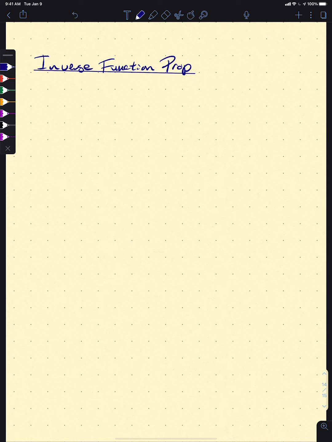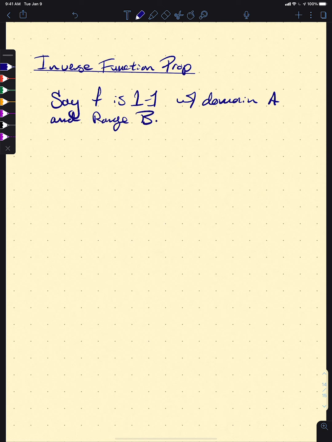So the inverse function property: say f is one-to-one with domain A and range B. Then f inverse has the following properties.